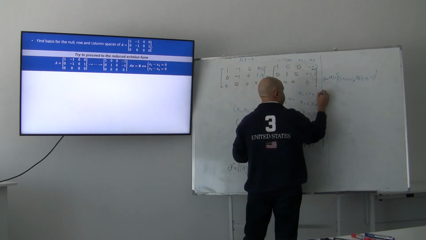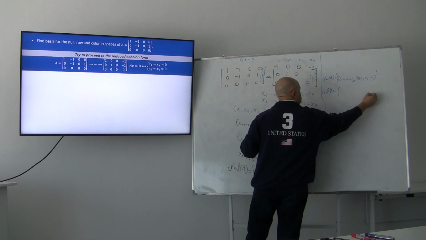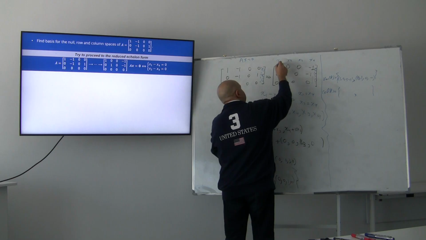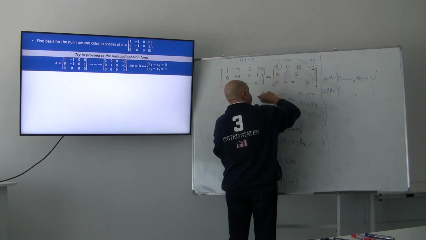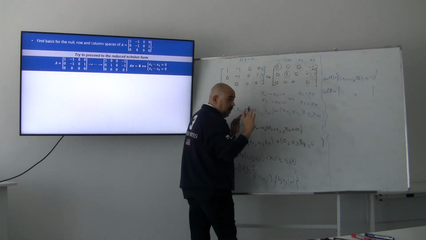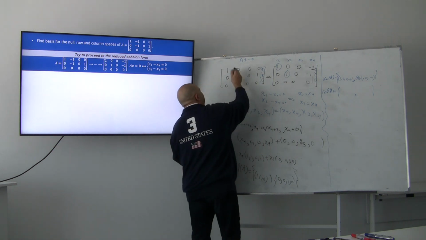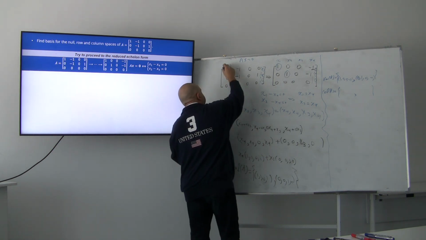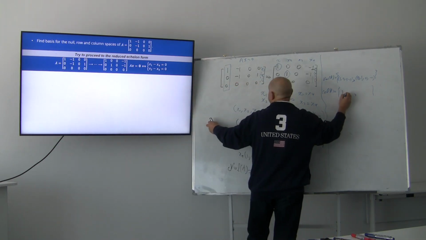If I want to get the column space of A, I will look once more. I have the pivot of the first row, the first column, and the pivot of the second row, the second column. So I form the column space by going back to the A matrix, taking the first column, which is 1, 0, and 0.